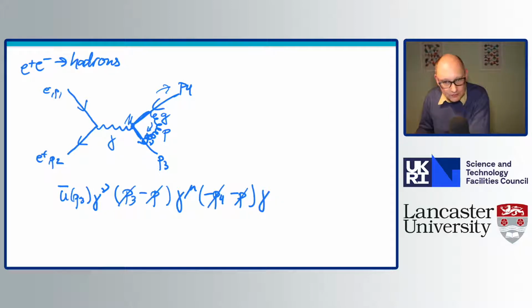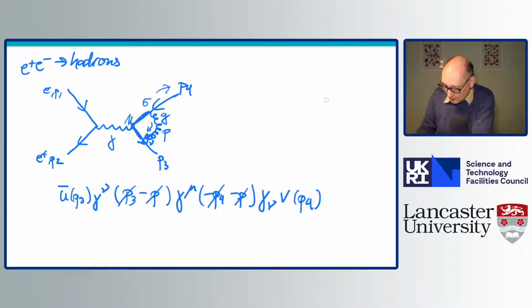We could write it gamma lambda or gamma sigma, but of course the gluon propagator here would be a g sigma nu, so it would become a gamma nu, and then there's a v of p4.